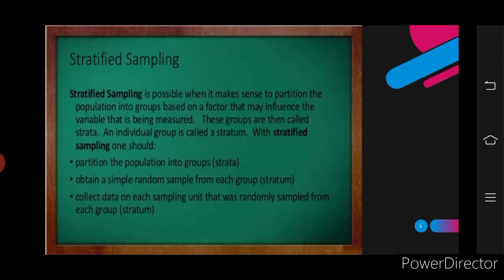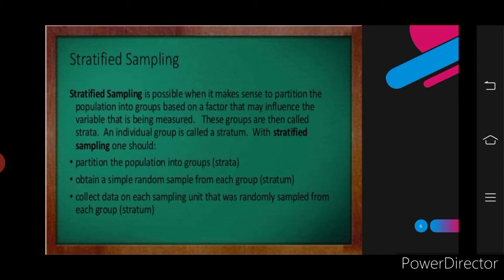Next is stratified sampling. Stratified sampling is possible when it makes sense to partition the population into groups based on a factor that may influence the variable being measured.